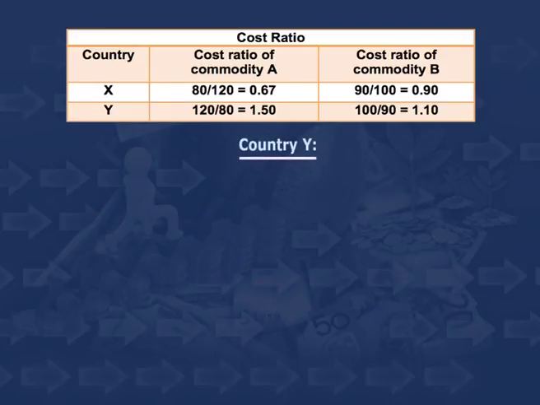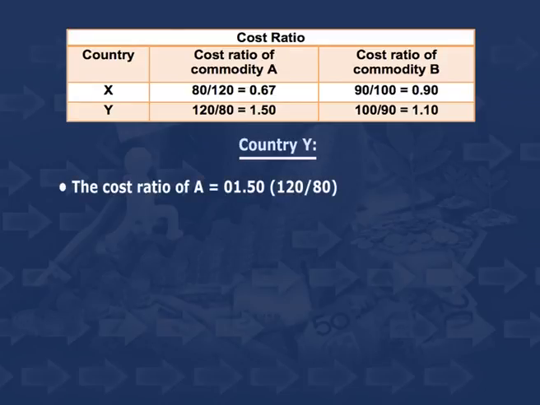Let's talk about country Y. The cost ratio of commodity A is equal to 1.50 and the cost ratio of commodity B is equal to 1.10.